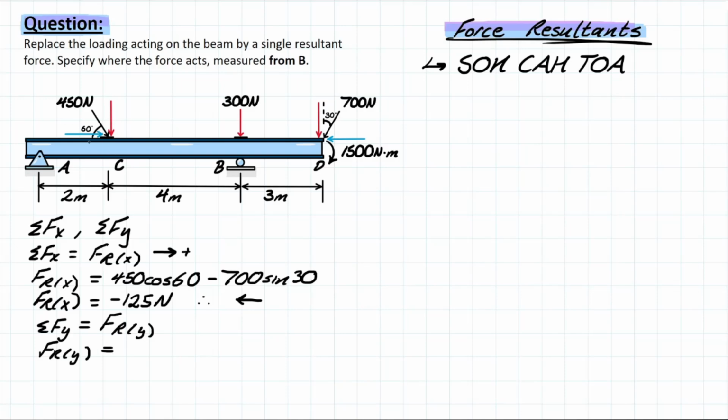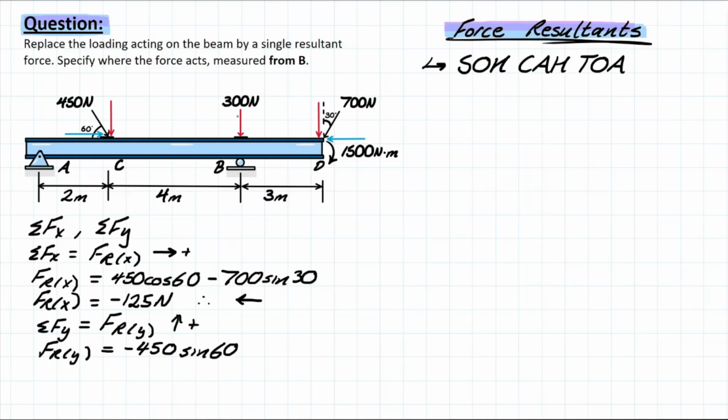If you imagine the red force is closing the triangle on this side, we're looking at the opposite with respect to that 60 degrees. It's going to be taking negative 450 based on the sign convention. Positive would be upwards, so this is acting downwards right now. So we have negative 450, and we're taking sine of 60 degrees.